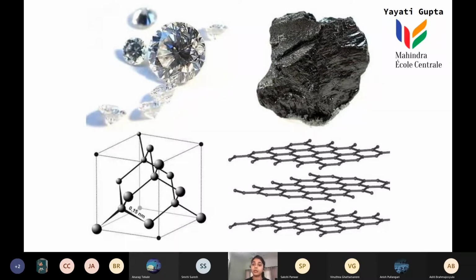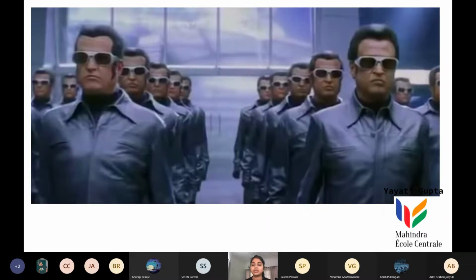But again, both of them are made up of carbon atoms. In that case, carbon atoms are the nodes, and the entire difference is in how these atoms are connected to each other, how these links are laid between these carbon atoms, and the elements change entirely. So it's just another, more fun analogy, which I have kept for the slide.